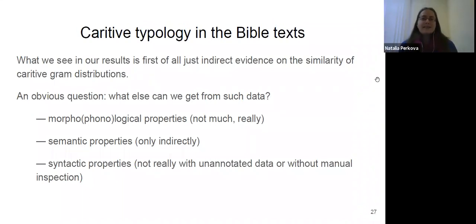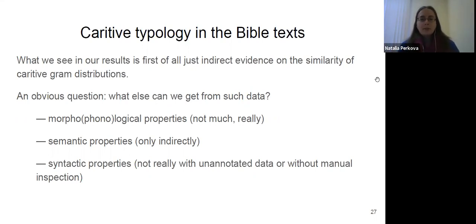Then this is the final part, the discussion of what we actually got, of what we can get from such data. If we look at the questionnaire, for instance, we can't really get much information on morphophonological properties because we extract candidates separately as separate strings.